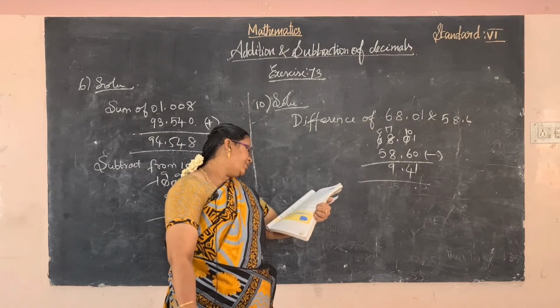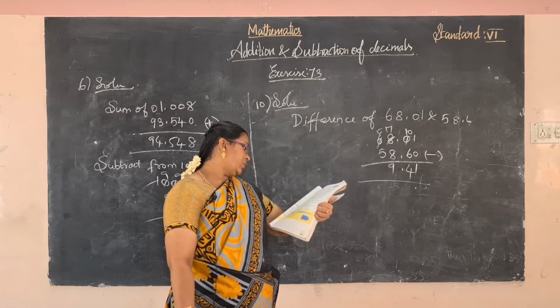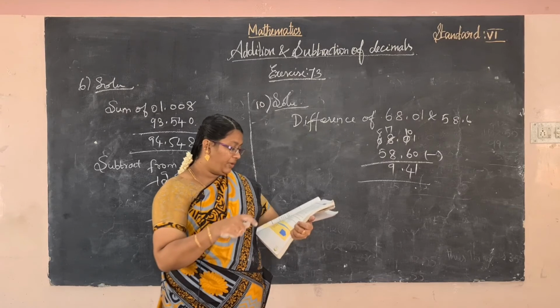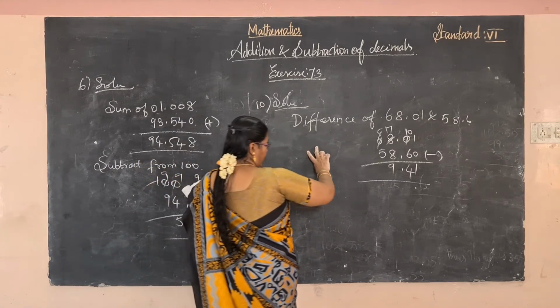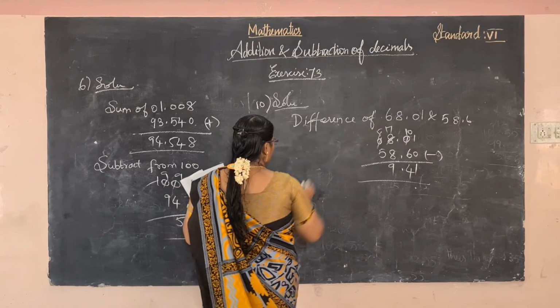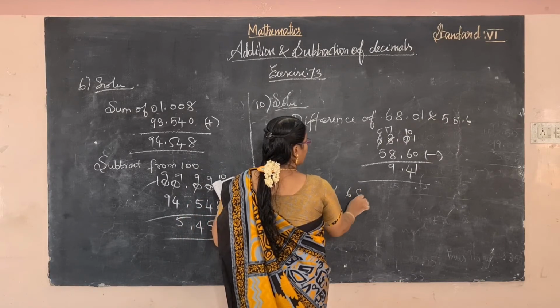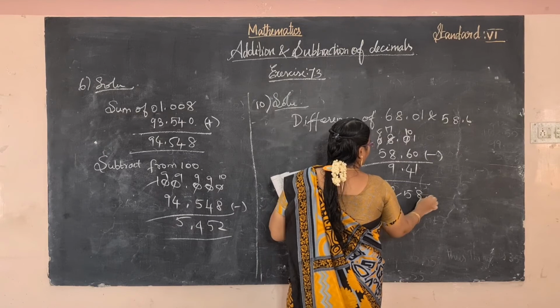After we have to find out from their sum. Okay. Subtract the difference. First we have to find out the difference from their sum. So first we have found the difference. Next in sum value we have to find out for these two numbers. So sum of 68.01 and 58.6.